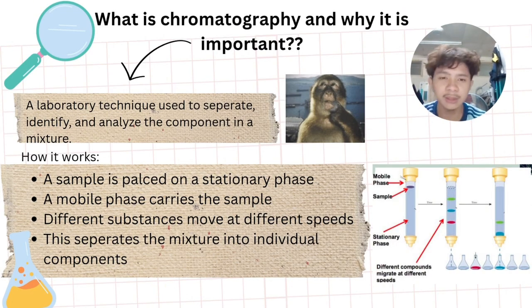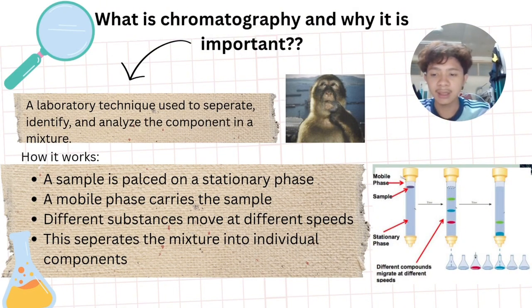It works using two phases, which are the stationary phase and the mobile phase. The stationary phase remains fixed, and the mobile phase can be a liquid or gas. As the mobile phase moves through the stationary phase, the different substances in the sample travel at different speeds because they interact differently with each phase.